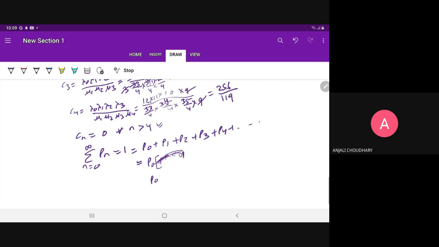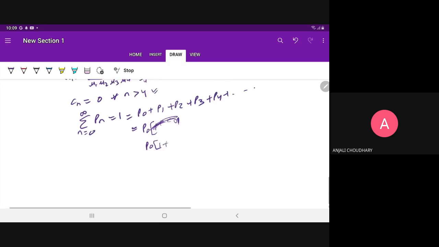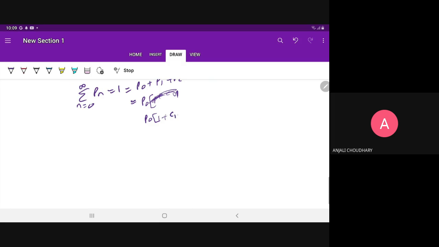It is P naught 1 plus C1 plus C2 plus C3, right, plus C4, and so on.